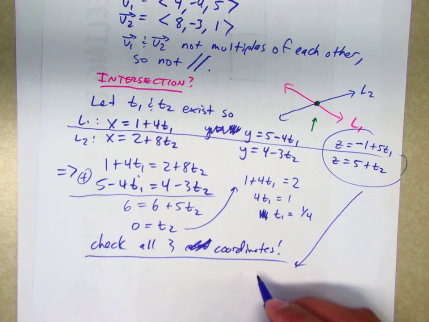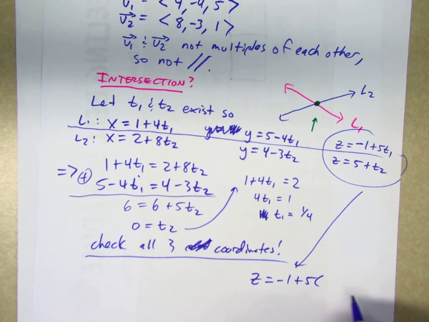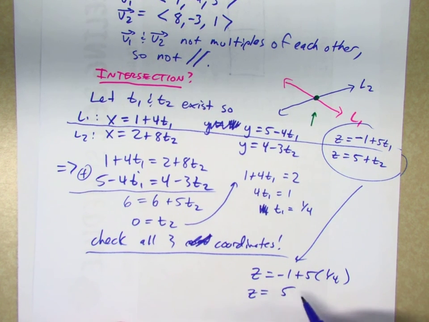So if I plug in z equals -1 plus 5 times a quarter, and then z equals 5 plus nothing, you guys see the z coordinates don't match, right? The z's are not the same. So these are skew lines.